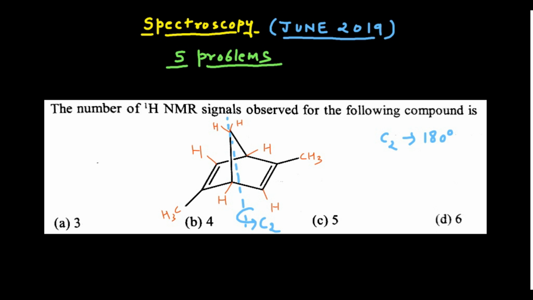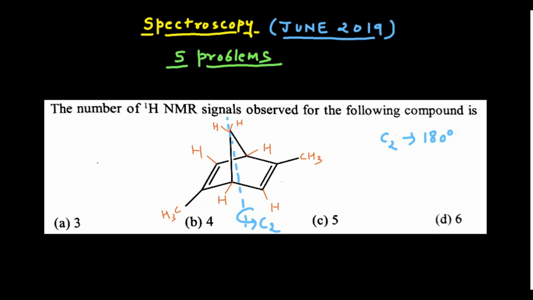So based on this, if I rotate this molecule just like that, you see this methyl and this methyl, they are at 180 degree angle. So this methyl will be exchanged with this methyl group, so they are symmetry equivalent. So this methyl and this methyl, since they are at 180 degree angle and we are rotating the molecule through the C2 axis, these two are the equivalent ones.